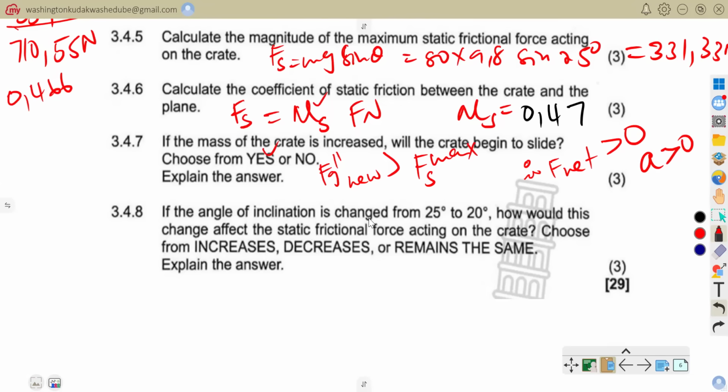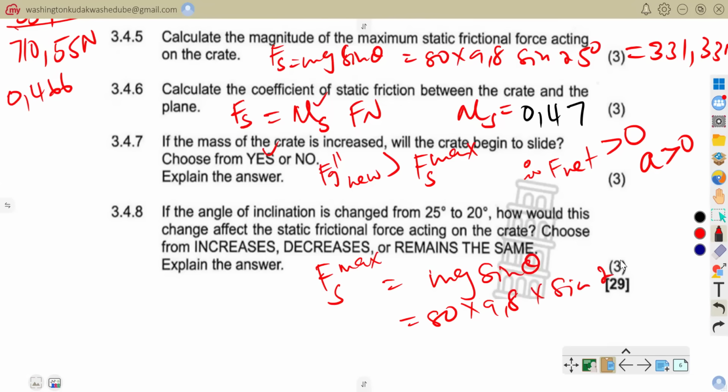If the angle of inclination is changed from 25 to 20, how would this change affect the static frictional force acting on the crate? Choose from increase, decrease, or remains the same. Explain the answer. We say that the static frictional force, or else the maximum static frictional force, is equal to what? mg sine theta. So this is 8 times 9.8 times sine 20.